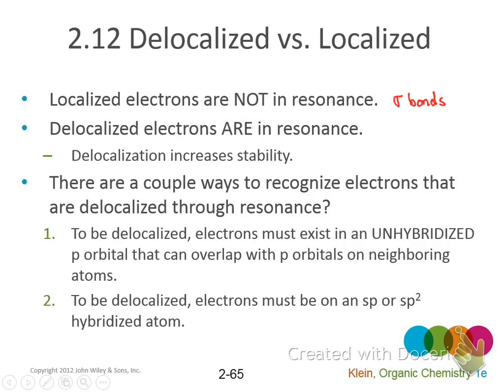Now, delocalized electrons are in resonance. What kind of electrons are those generally? They're either pi bonds or lone pairs.